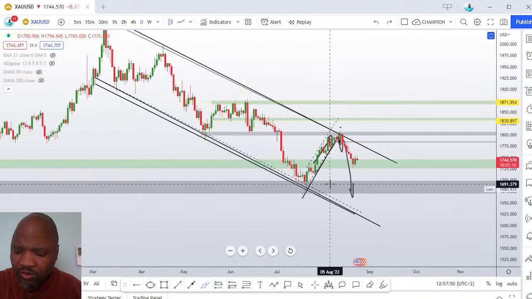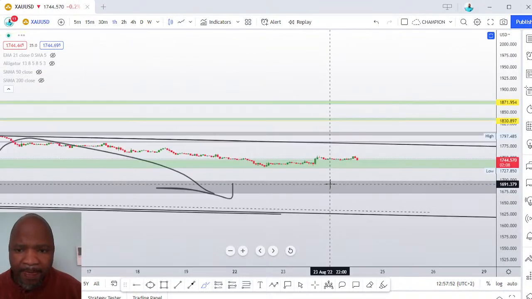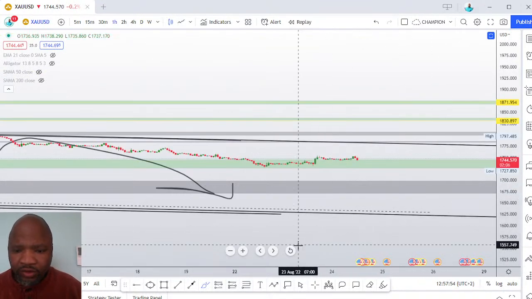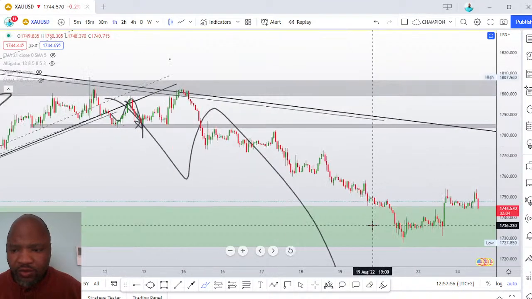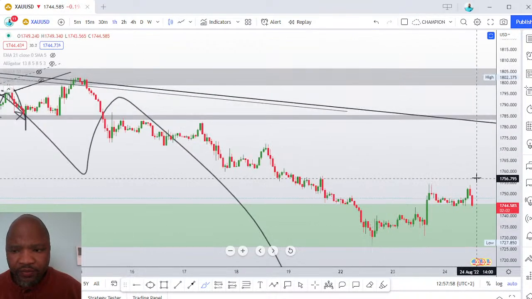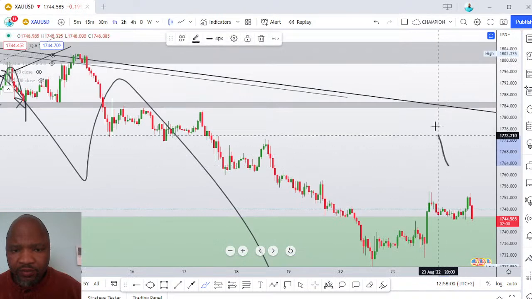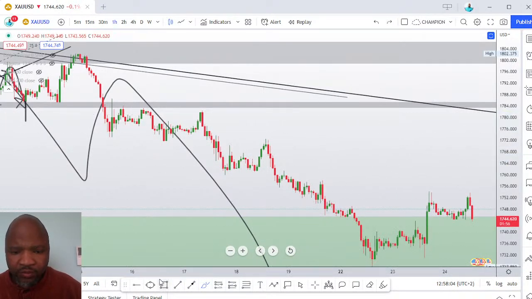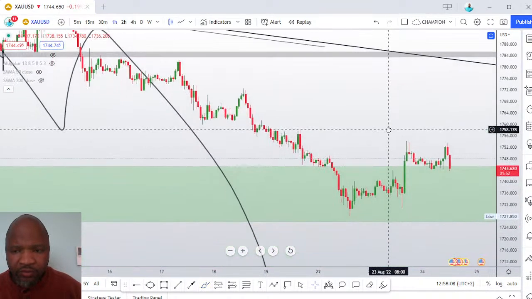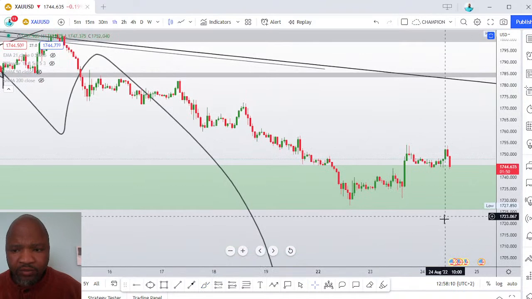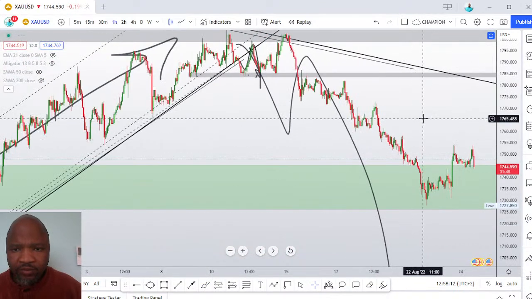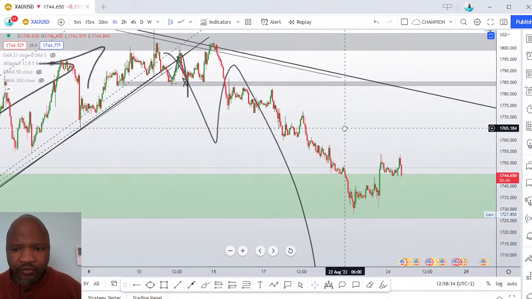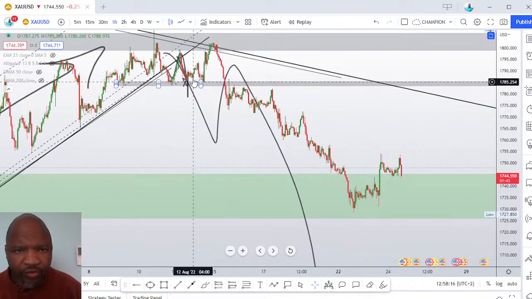Let's go to 1 hour and check where the price could go. Let's check if we have a trend.